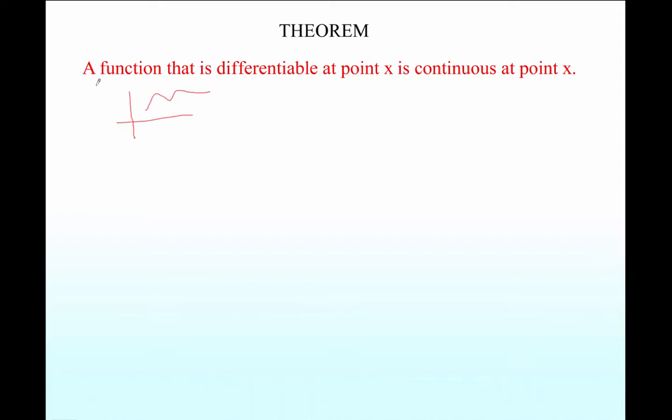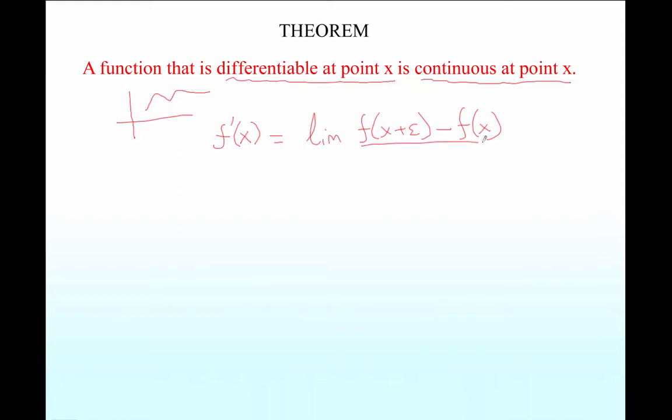There's a theorem that says a function that is differentiable at the point x has to be continuous at that same point. Now that's very easily proved, because let's remember that the definition of differentiability of a function is that the limit of f of x plus epsilon minus f of x divided by epsilon has to exist.